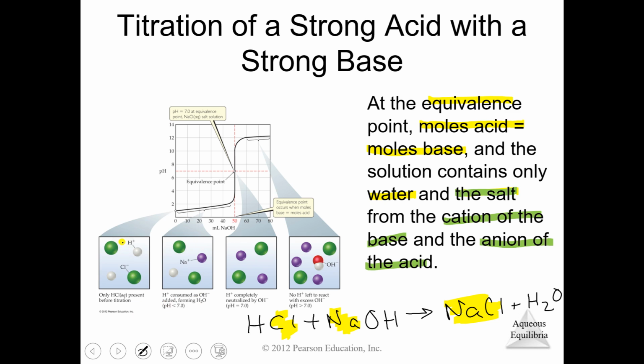What is left is the hydrogen and hydroxide to form water.